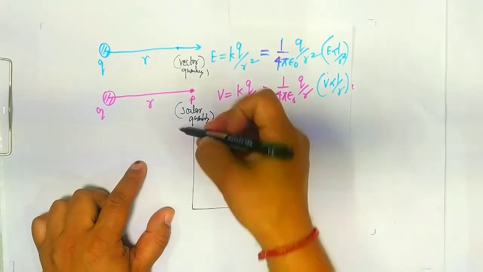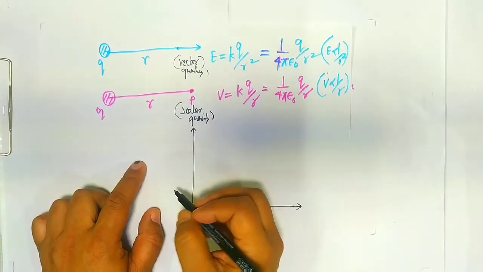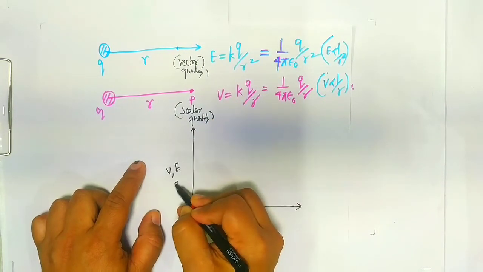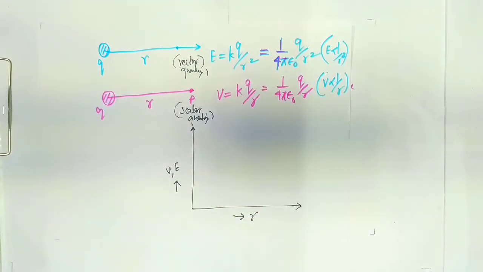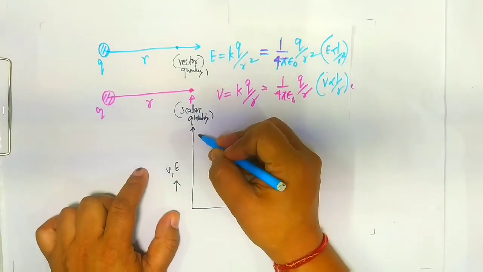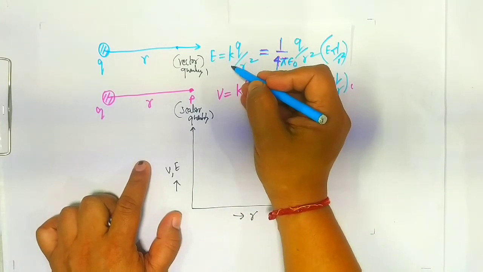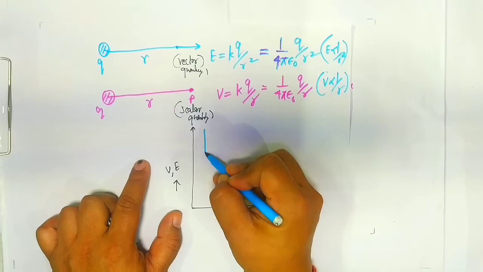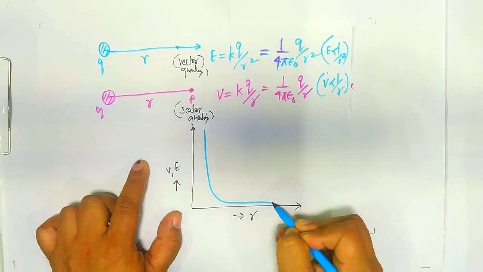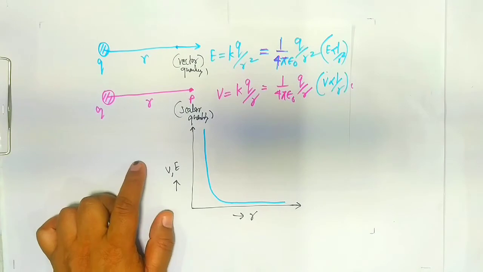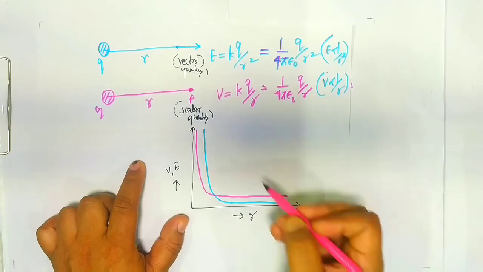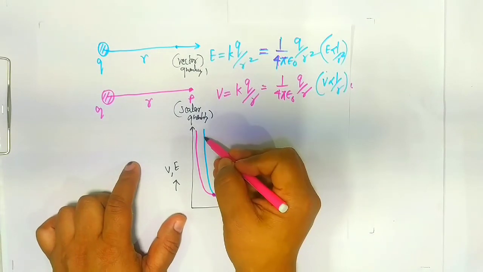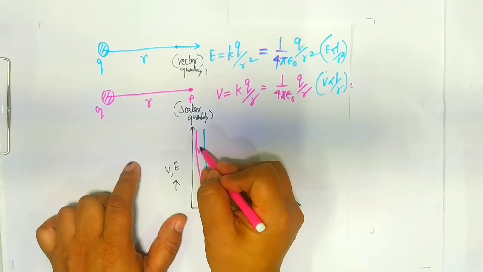This graph will be in the same quadrant, and it is V and E versus R. One is the electric field intensity graph, and the other is the electrostatic potential graph. So remember, this is electric field, this is potential.